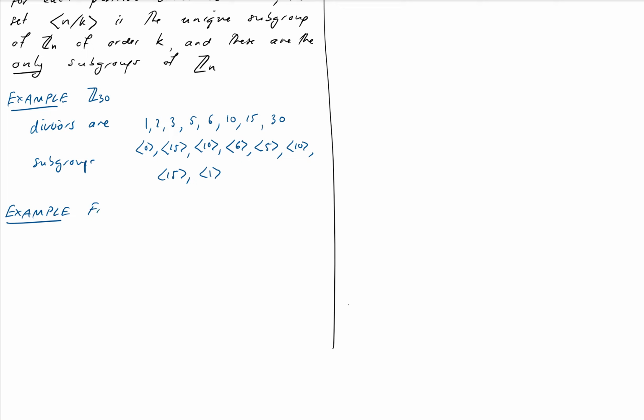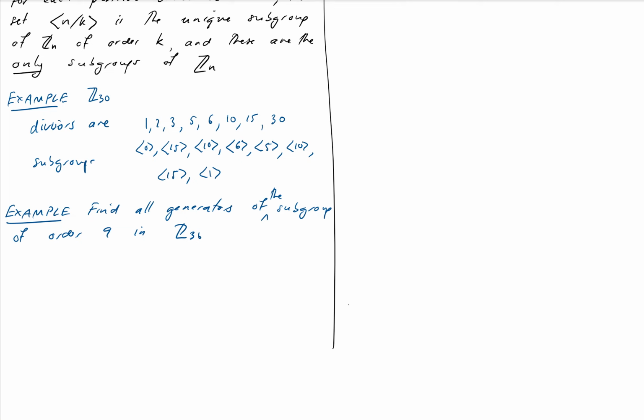Find all generators of the subgroup of order 9 in Z36.